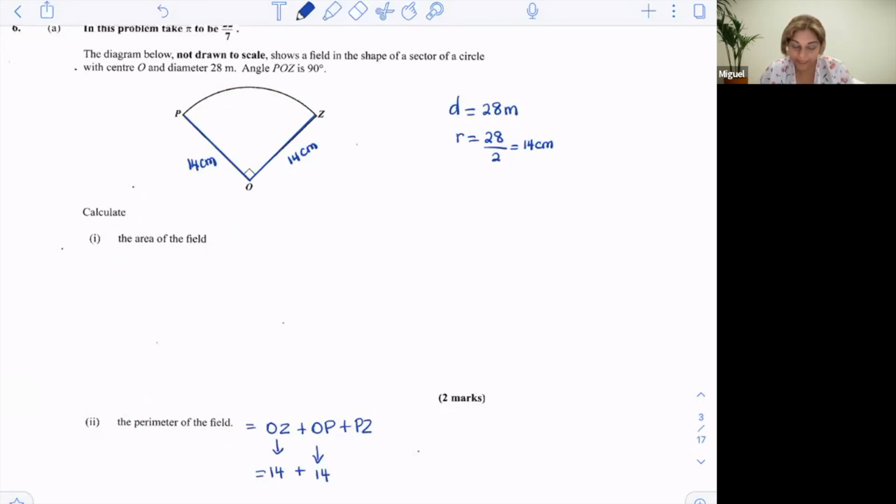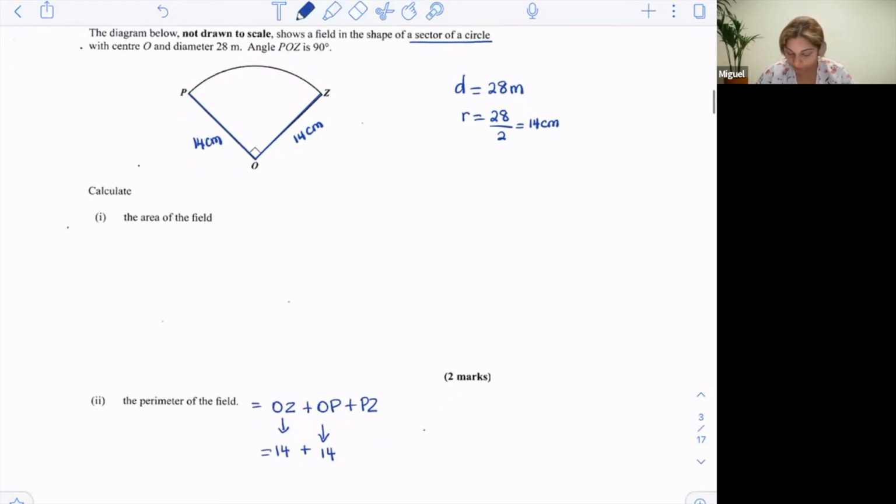PZ is part of the sector. A sector is part of a circle, just as a pizza slice is part of a circle. So we need to know the formula for the length of an arc. This is called an arc.